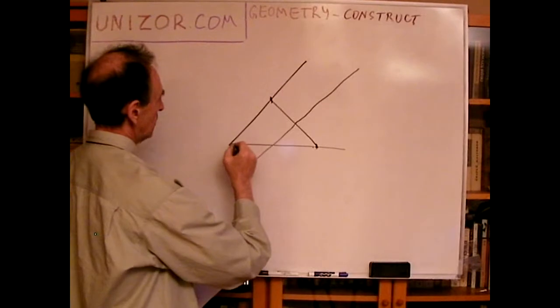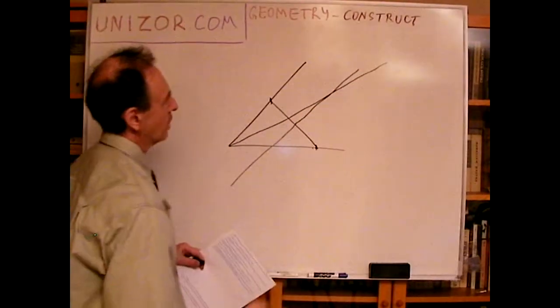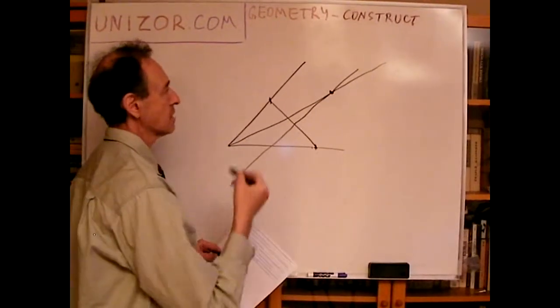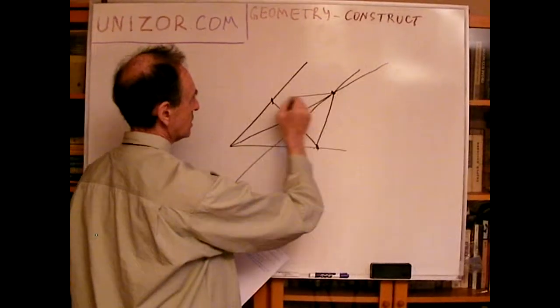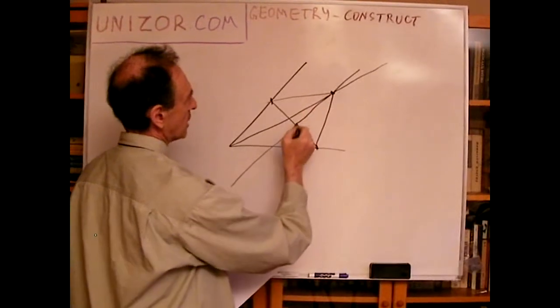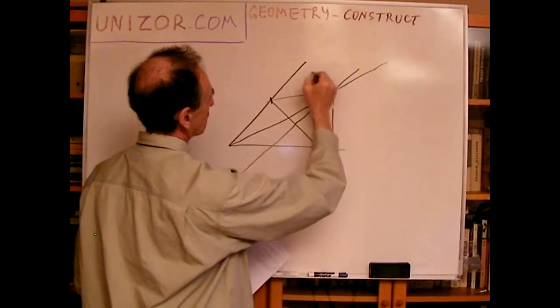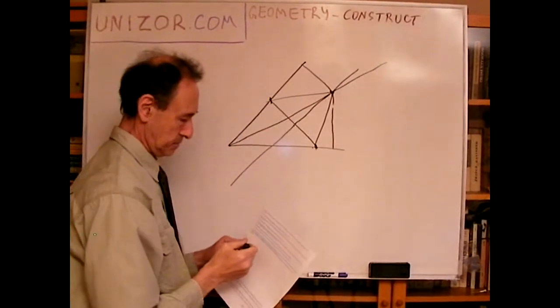That's the angle bisector. So the crossing of these two lines satisfies both requirements. It's equidistant from these two points because it's on the perpendicular bisector, and it's equidistant from two different sides of an angle because it's on the bisector.